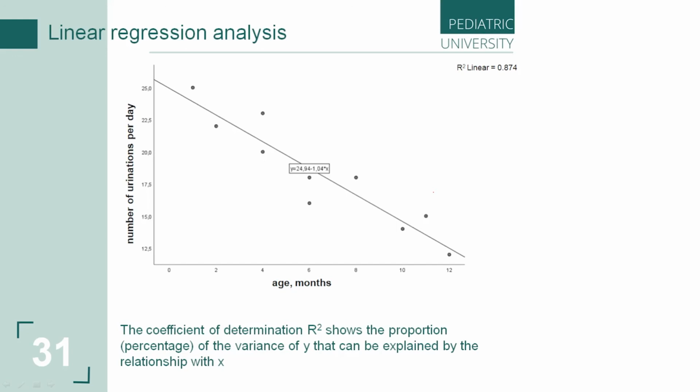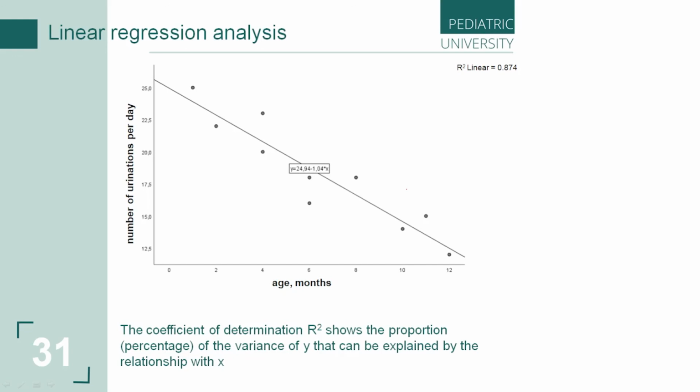From this straight line, we can make some predictions. For example, we can say that at 9 months of age, the child has 17 urinations per day. For example, here. We can also estimate the regression model by the R-square coefficient, which is the correlation coefficient squared.